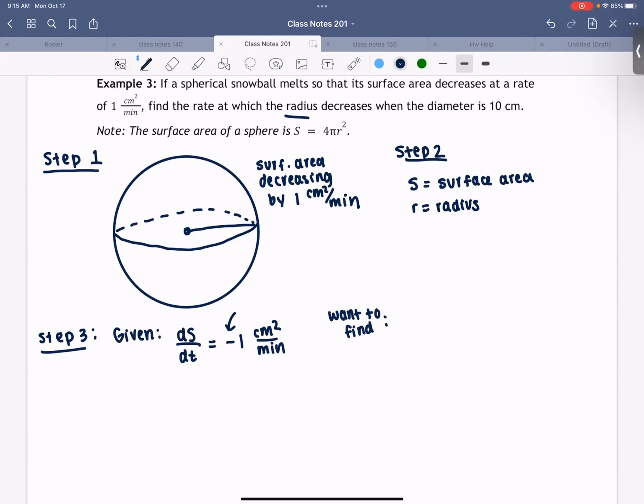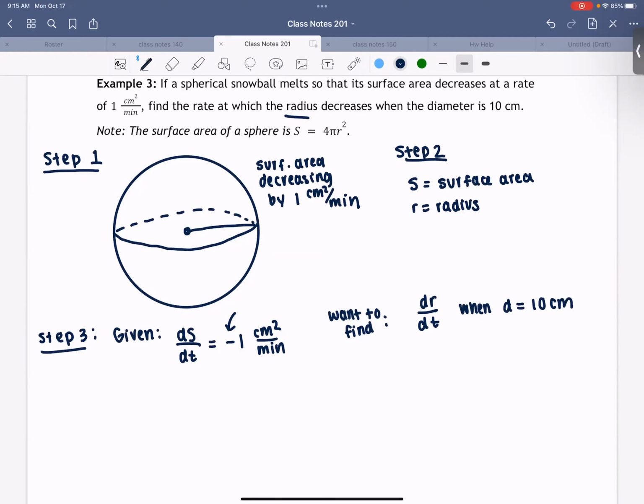Looking at our question, it says we want to find the rate at which the radius decreases, which means I want to find dr/dt, right? And it's asking us to specifically find this rate when the diameter is 10, so when the diameter is 10 centimeters.